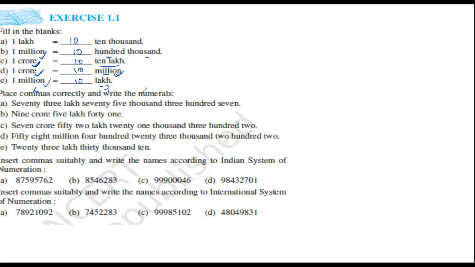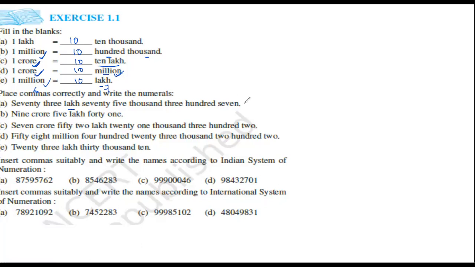This we will proceed. Now place the commas correctly and write the numerals. Okay. So 73 lakh 75,307. As he's saying lakh, we know it is the Indian number system, right?